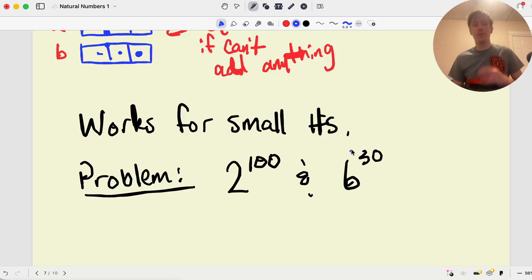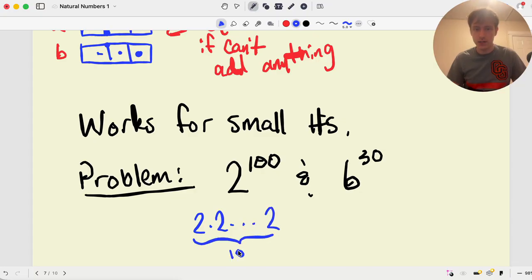Remember that the multiplication operation was just adding copies of something. Well, if I wanted to multiply copies of a number over and over again, then we might want to notate that. So let's say I wanted to multiply the number 2 by itself 100 times, and I wanted to multiply the number 6 by itself 30 times.